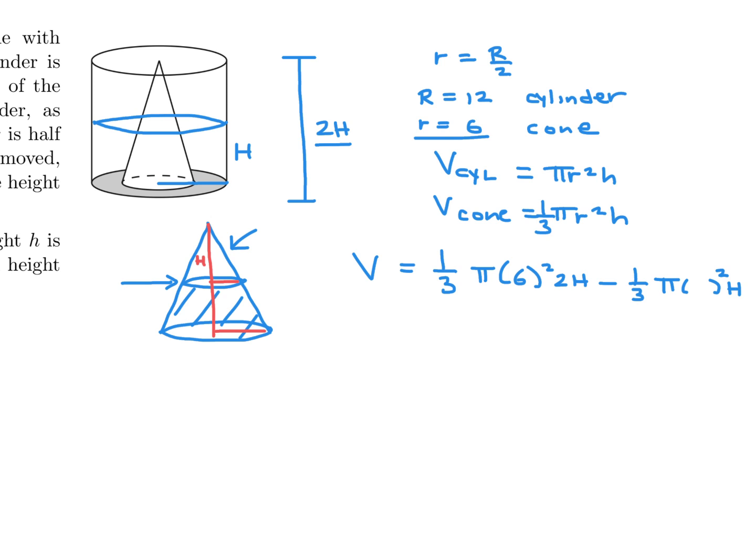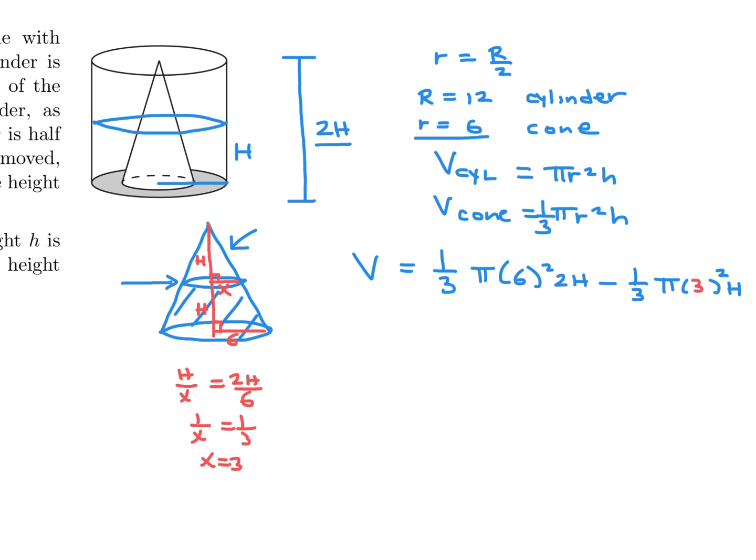Since that's h, and that's 6, that's a right angle, that's a right angle, and we'll just call that x. That means h over x is the same as 2h over 6. So if the h's go, 1 over x is equal to 1 over 3, so therefore x is 3. So that 3 goes there.